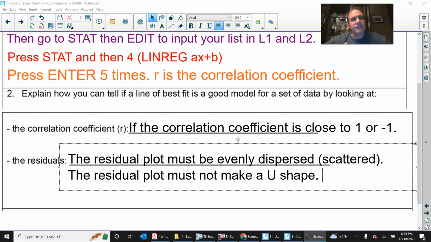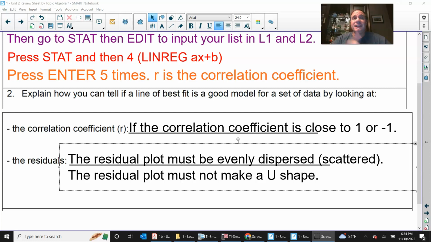And when you're talking about a residual plot, the points have to be evenly dispersed around the residual plot for that line to be known as a good fit.